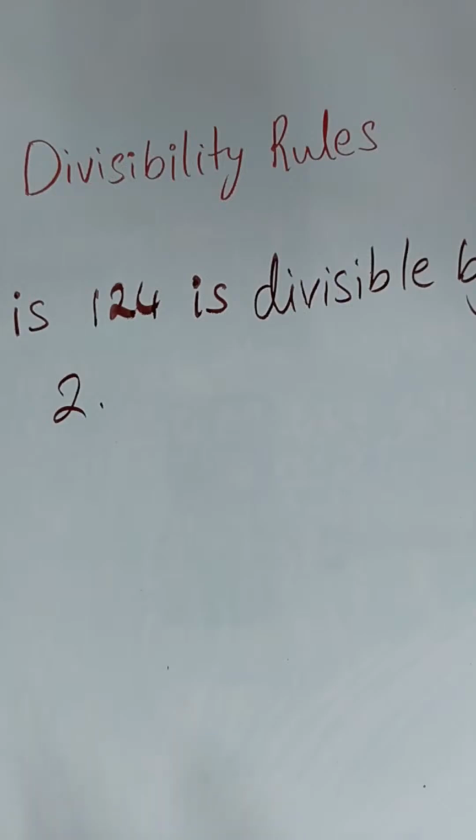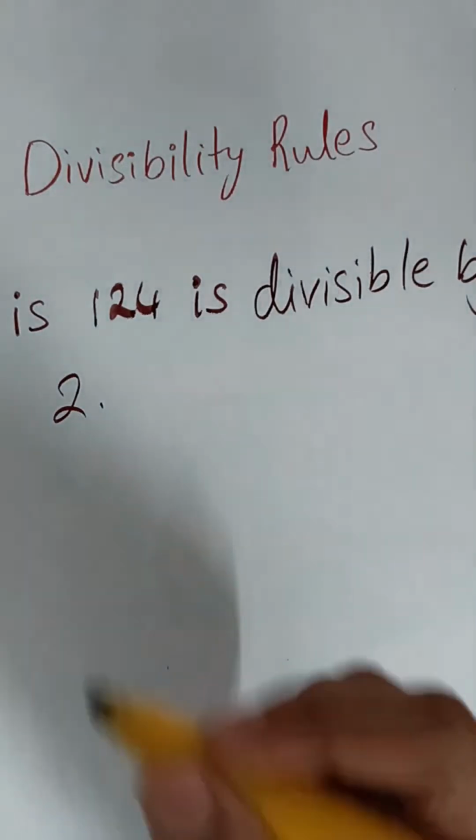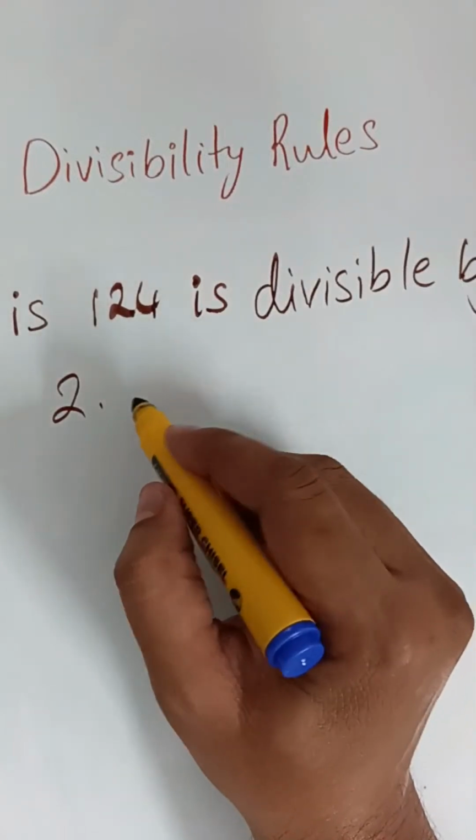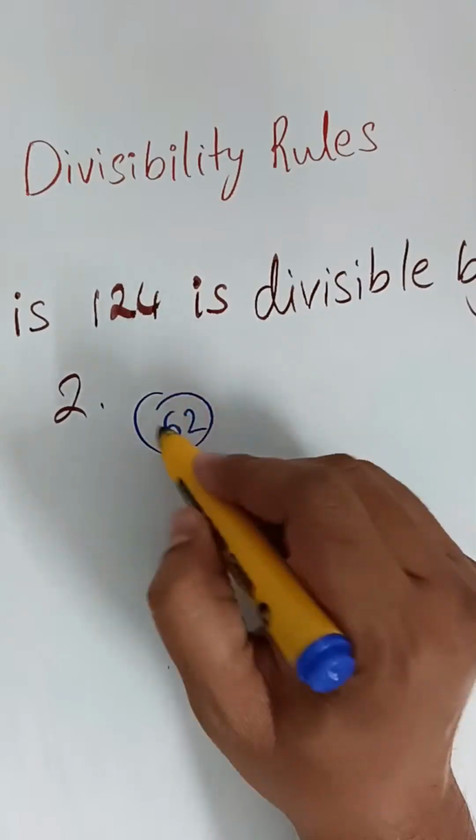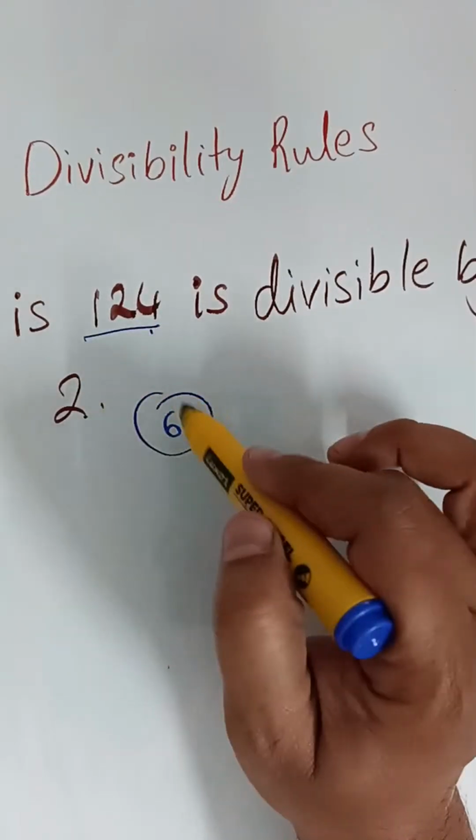It's a small number, so everyone can say yes, it is divisible by 2, and the answer is 62. Yes, if you divide 124 by 2, it's 62.